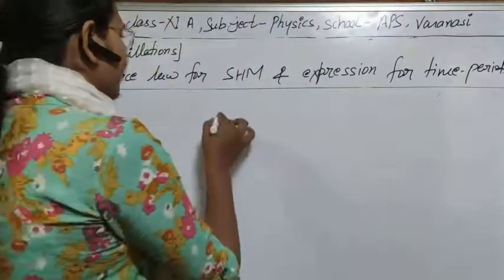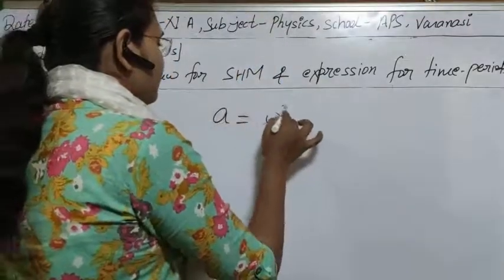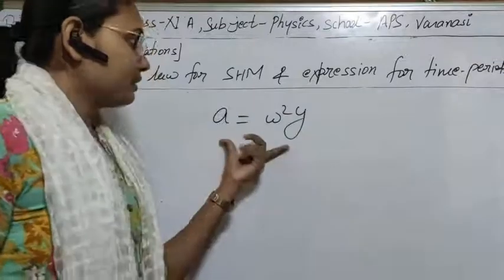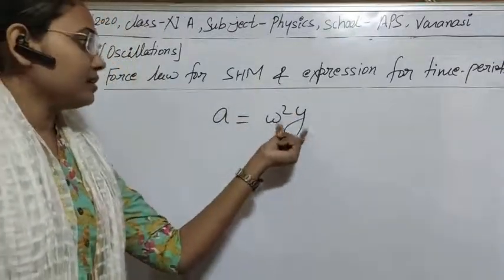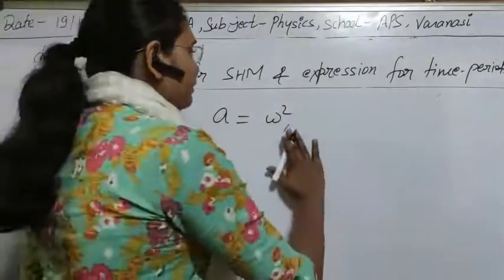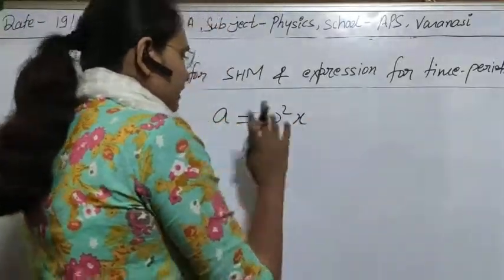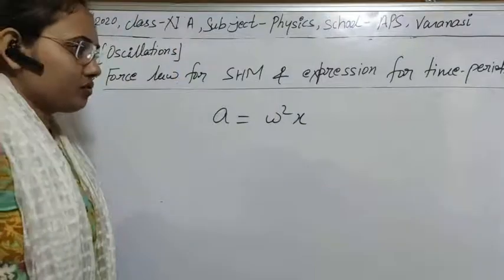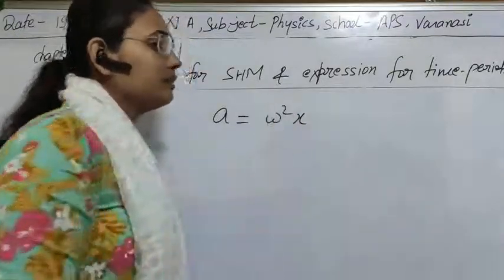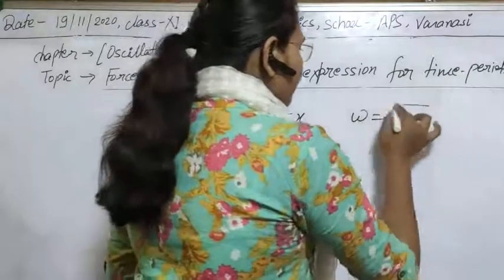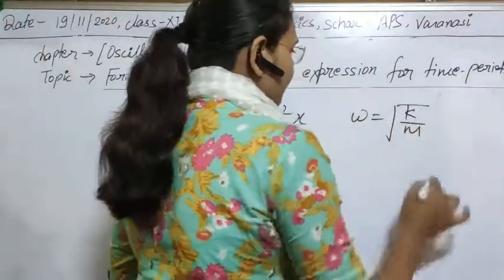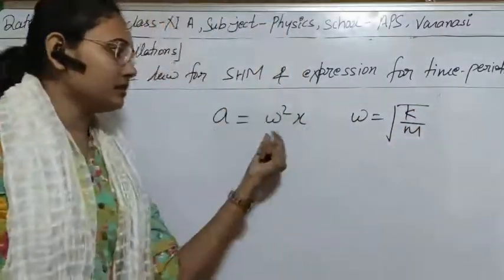We derived that the acceleration of the simple harmonic oscillation is given by omega square x, if the displacement is x, where omega is the natural frequency of the oscillator and it is given by root k by m. Clear? So this is the simple case.